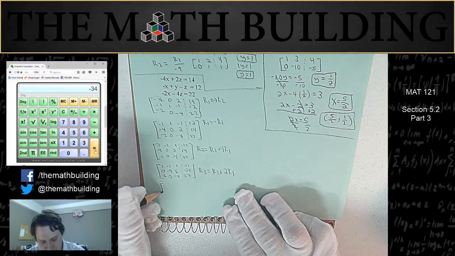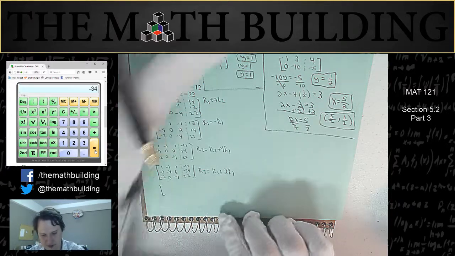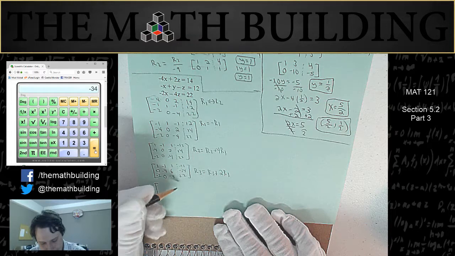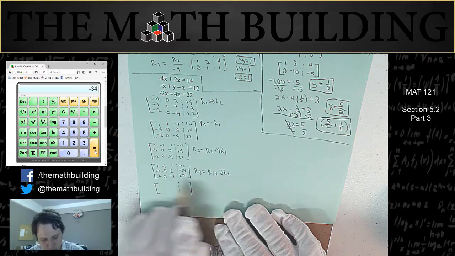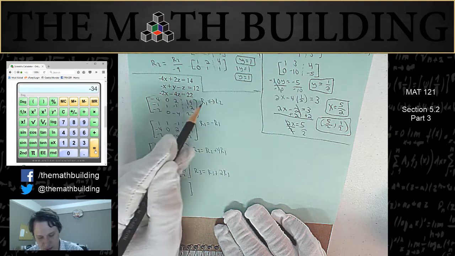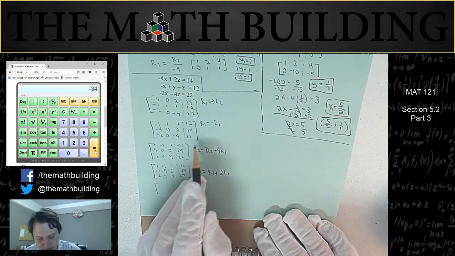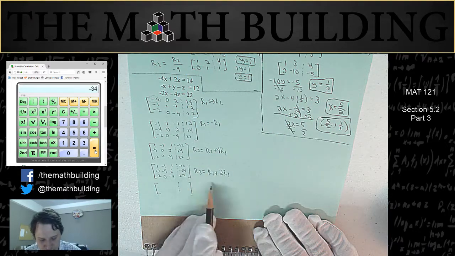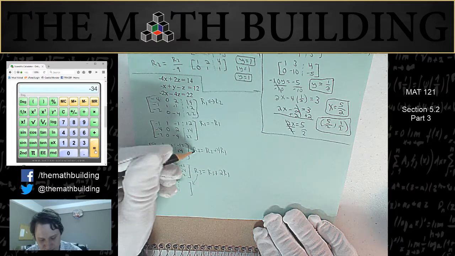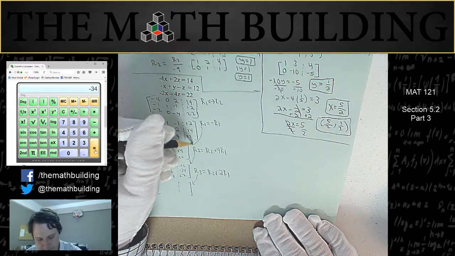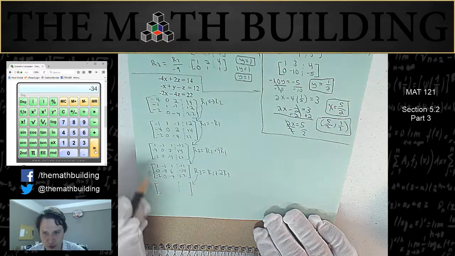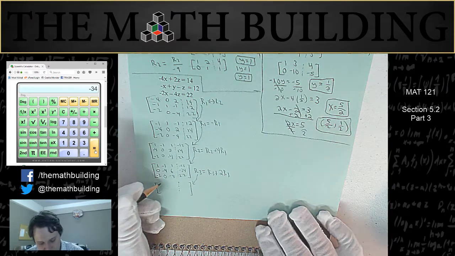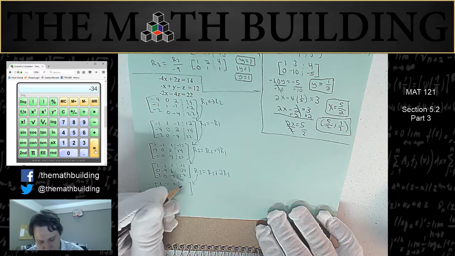So let's do this. Remember, I should maybe be writing these at the transitions between matrices, but hopefully this is making sense. So for row 3, rows 1 and 2 are not going to change.